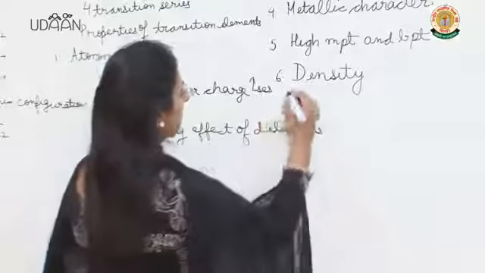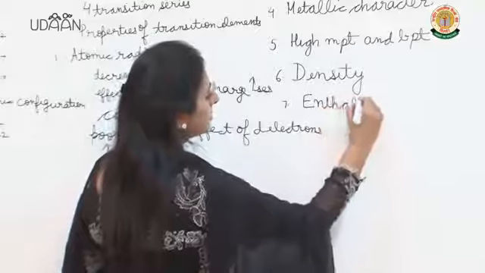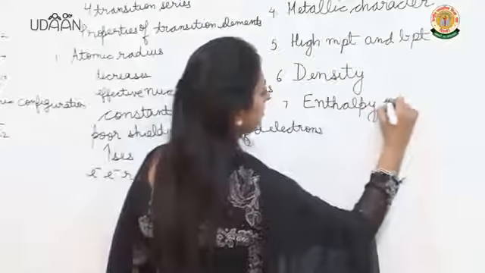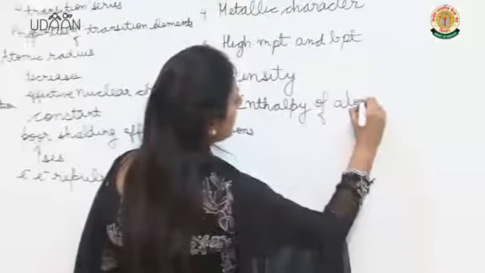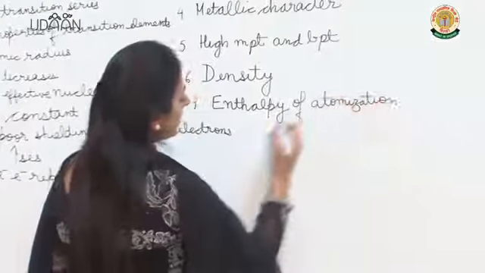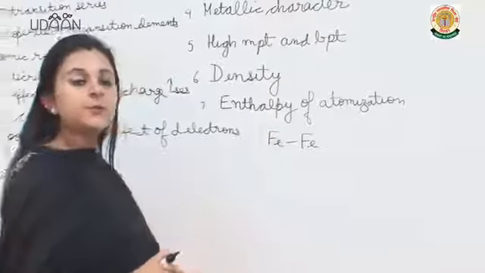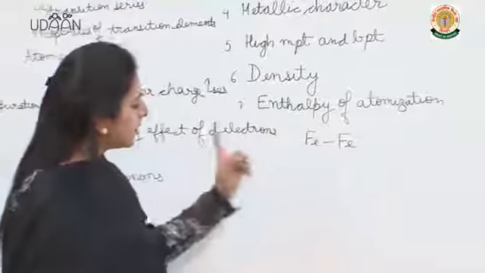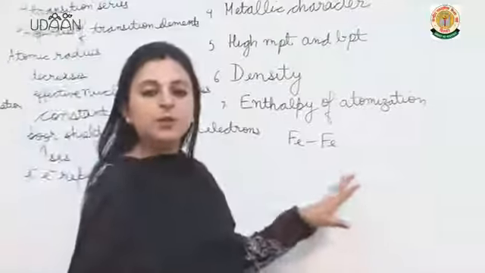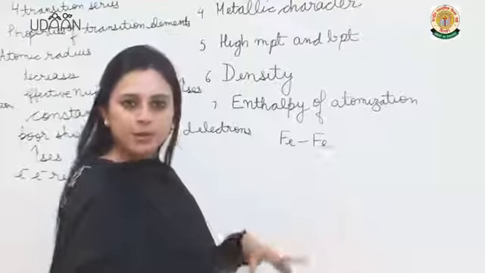Now enthalpy of atomization. Now what is enthalpy of atomization? It is the, like if I talk about iron-iron bond, and if I have to break this bond and I have to separate these two atoms, तो मुझे जो एनर्जी सप्लाई करनी पड़ेगी, that is known as enthalpy of atomization.